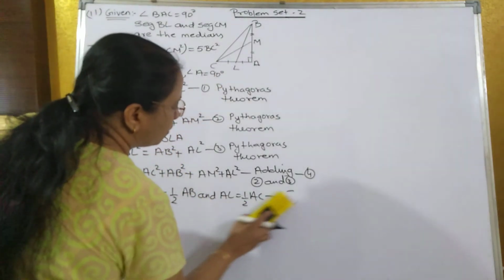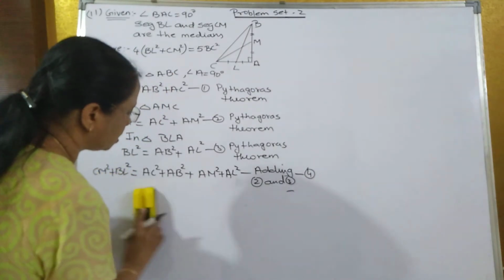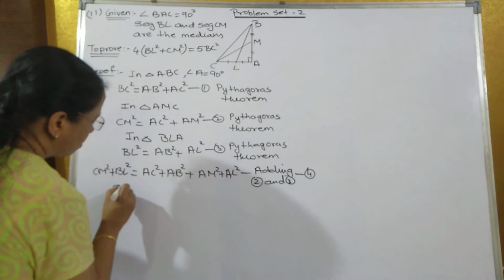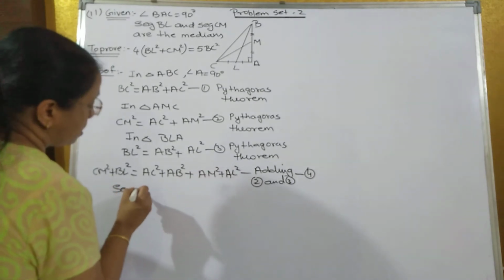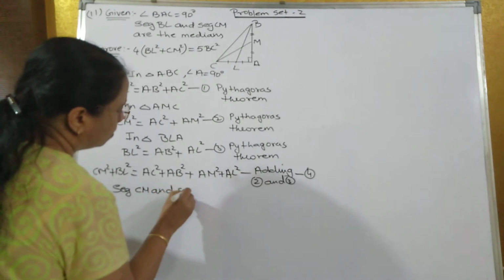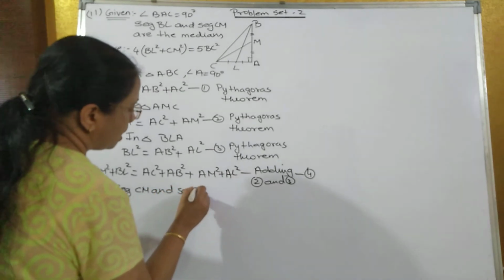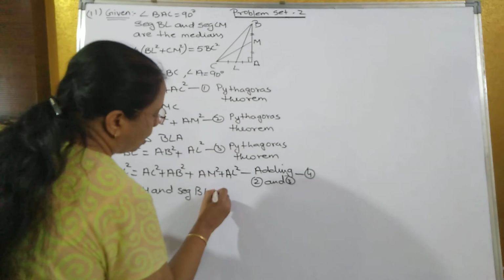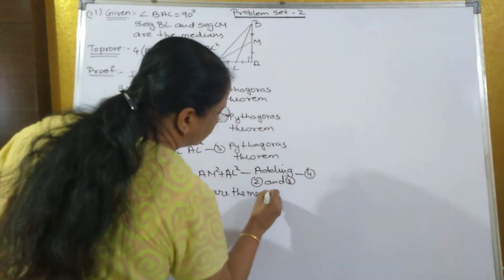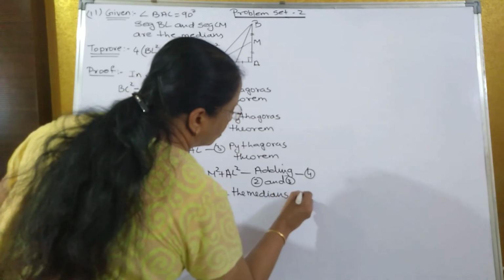First we will write down why it is half: because they are the medians. Seg CM and seg BL are the medians, given.